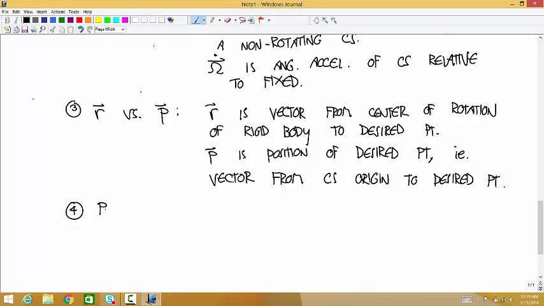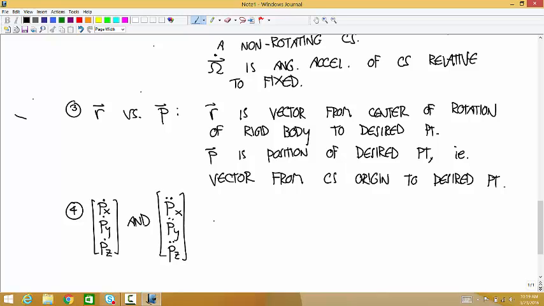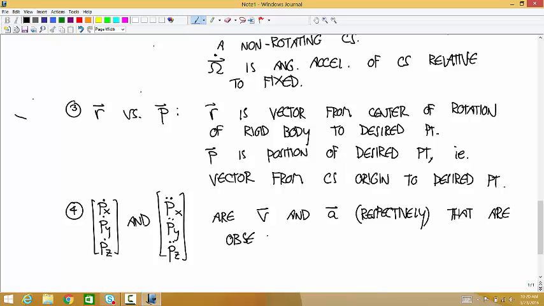Now, I've been sort of already emphasizing this, but the components dot and the components double dot are the velocity and acceleration, respectively, that are observed in the rotating coordinate system.